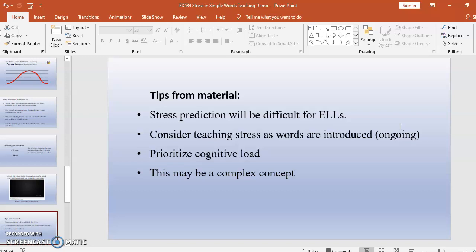We don't want their cognitive load to be taken over by pitch, intonation, or stress so that it prevents them from getting an actual message across. So we just have to make sure that we carefully place when we teach stress and intonation.